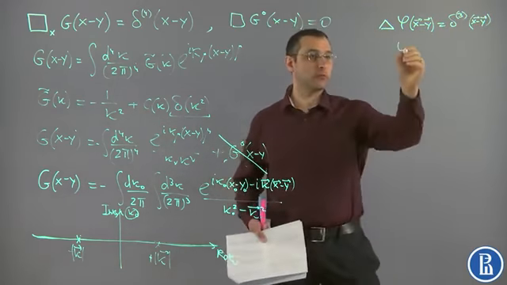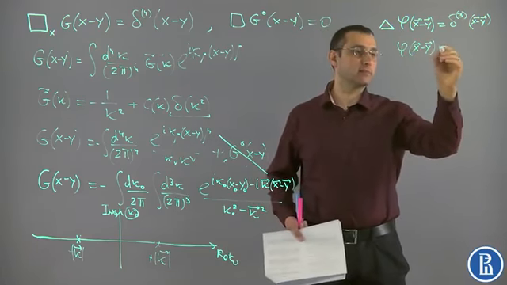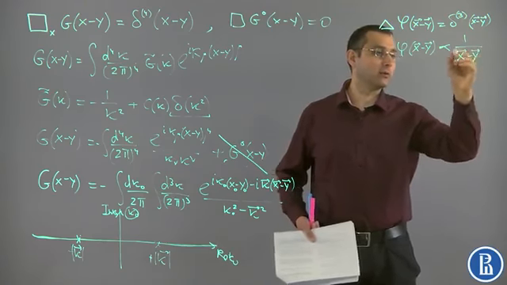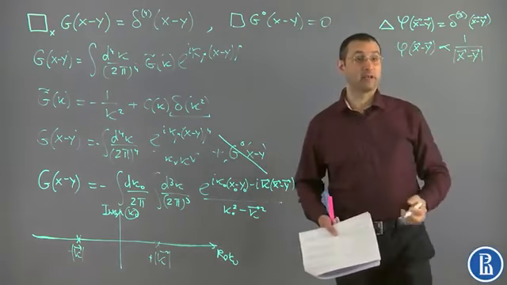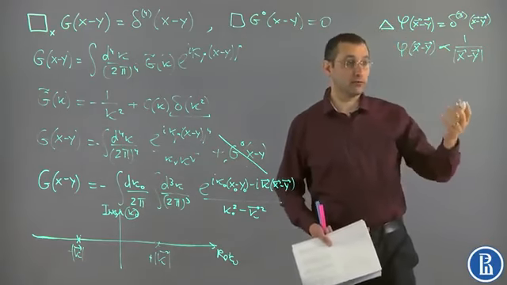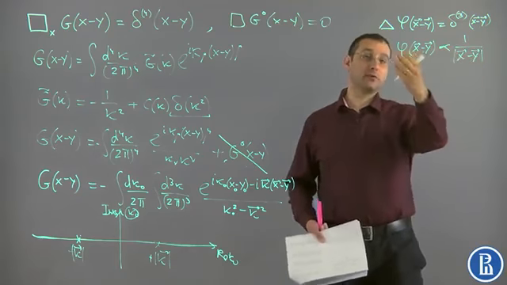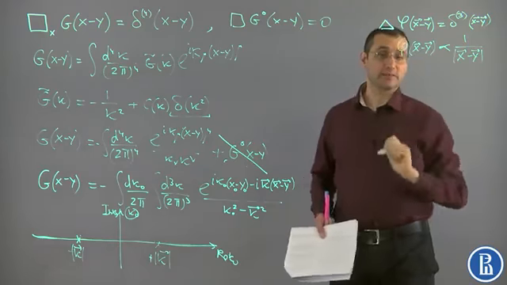The solution of this equation, phi of (x minus y), is proportional to 1 over the modulus of x minus y. And this guy is nothing but the Coulomb law in physical terms. And Coulomb law is the following thing: we have a charge placed at the position y, and look for the field that it creates at the position x.